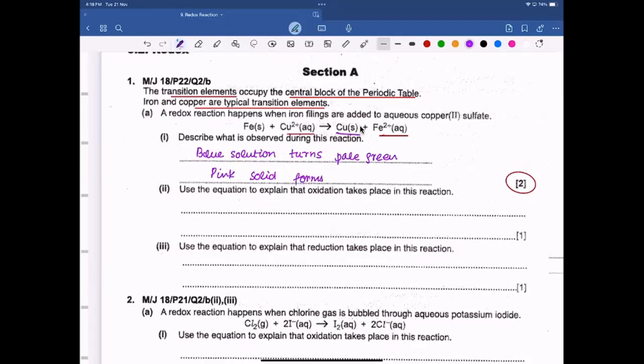Copper is a pink solid. So there is a solid which is forming during the reaction and it's of pink color. So we'll write pink solid forms. Is this clear? Yes.